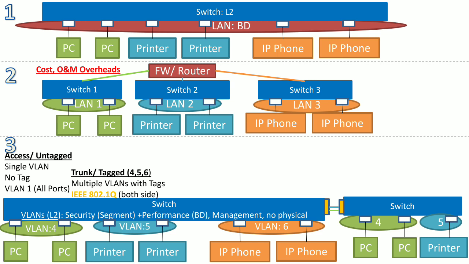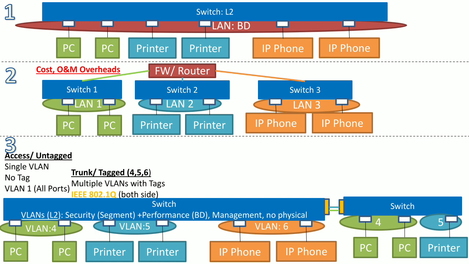Now once the traffic from the second switch goes out from this tagged port, this tagged port will attach the VLAN of that traffic to the frame. That is, if this frame is coming from the PC port, then this tagged port of the second switch will attach VLAN ID 4, or the tag 4, to the frame.